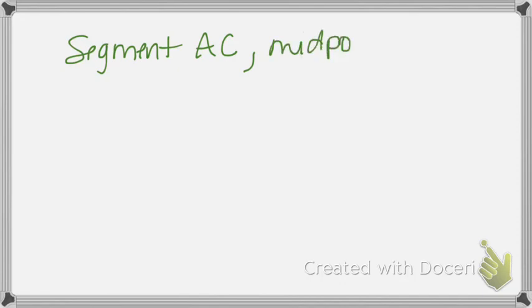Okay, so one other problem I want to show you. Maybe it would say something like there's a segment AC, midpoint at B. So it won't draw the picture for you necessarily, so I would suggest you draw a picture first.